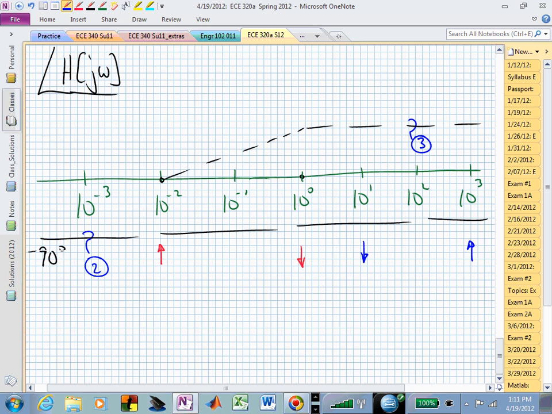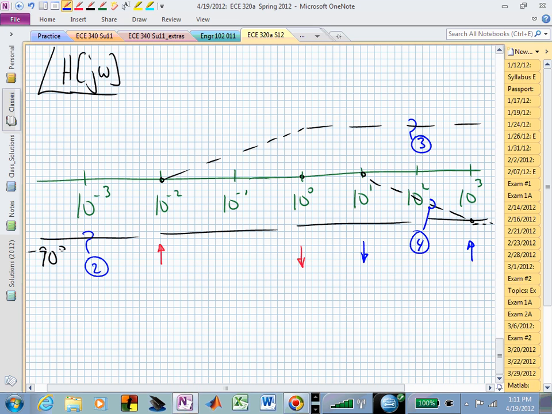That gives me some guide markers as to what to do. So now I'm looking at turning it on here and turning it off there. You have to be careful because now things are overlapping. Those are actually on top of each other, but I'm exaggerating the spacing so that you know there are two things now at minus 90 degrees beyond 1,000 radians per second.